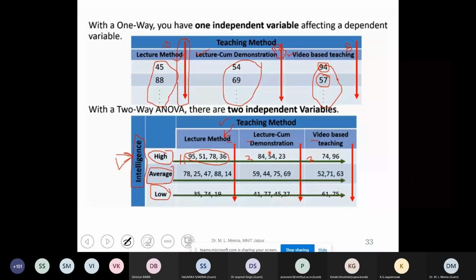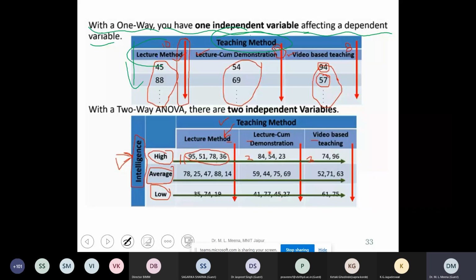Now with a one-way ANOVA, you have one independent variable affecting a dependent variable. So this is the one independent variable, teaching method, with three levels: lecture method, lecture cum demonstration method, and video based.